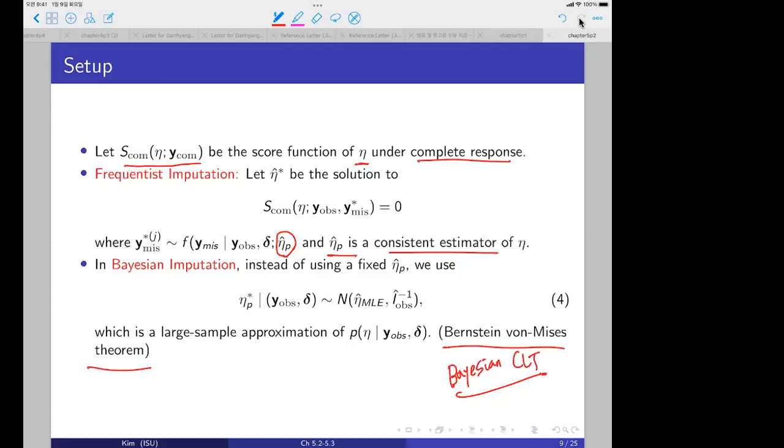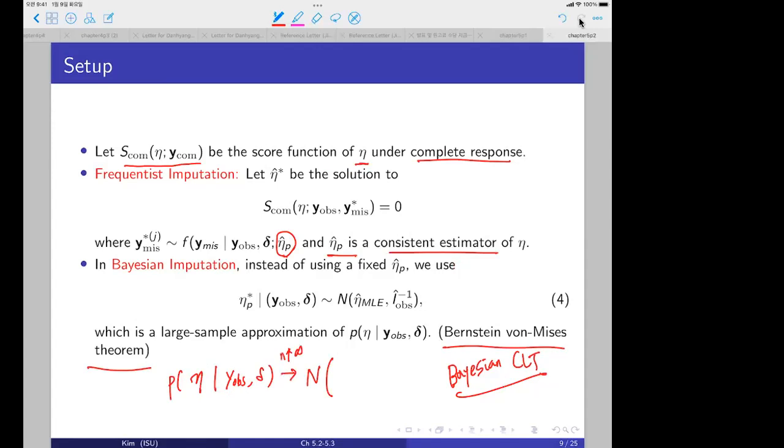It means that the posterior distribution converges in distribution to normal.